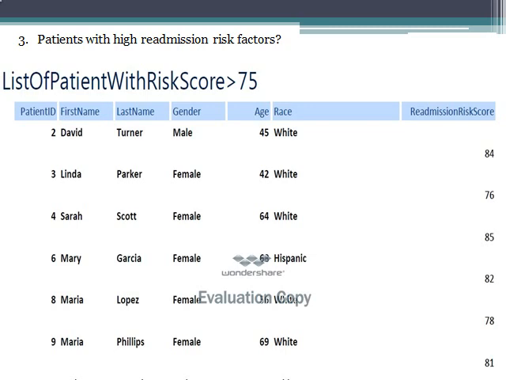The report lists patients with risk greater than 75%, which indicates the patients who are at high risk of readmission. The report gives the patient ID, first name and last name of the patient, gender, age, race, and the readmission risk scores.